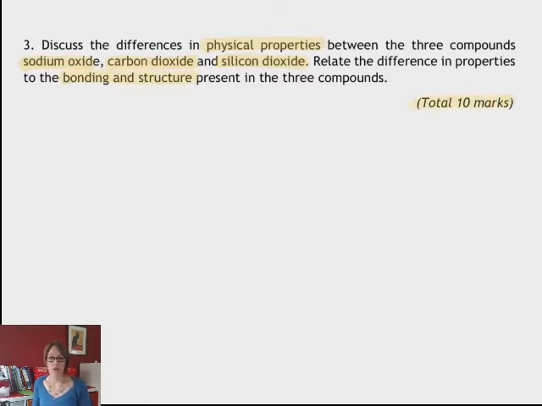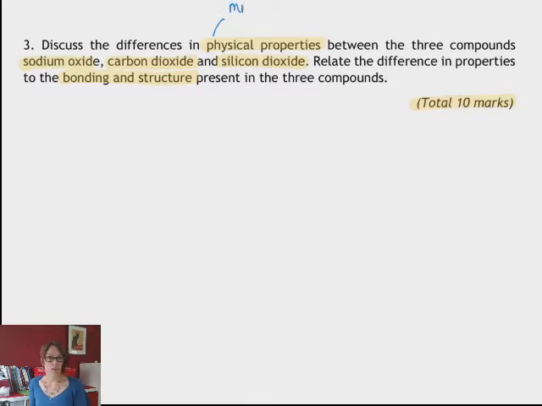So we're just going to make sure we cover all of it, and we're going to talk about bonding and structure. Remember, those are 2 separate, slightly different words. Okay, the easiest thing, as discussed, is simply to do each compound in order. In fact, you could even do a table for this question and it would still work.